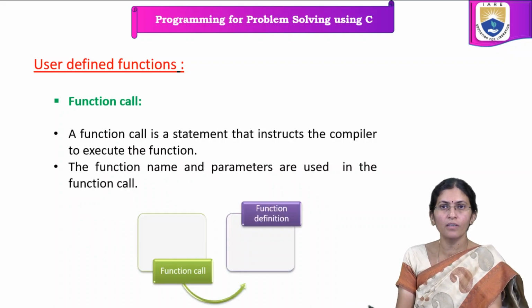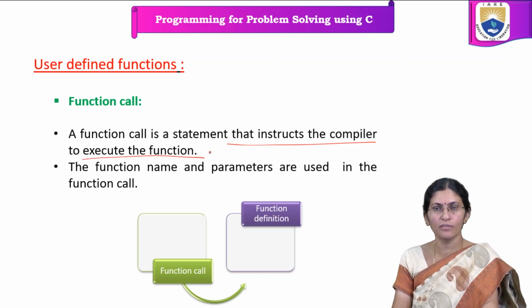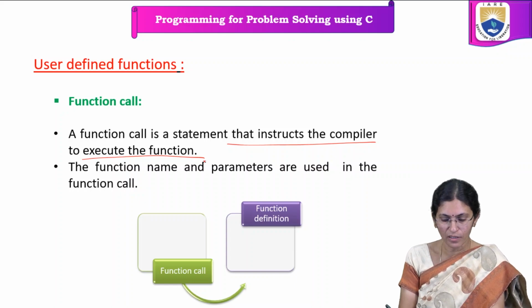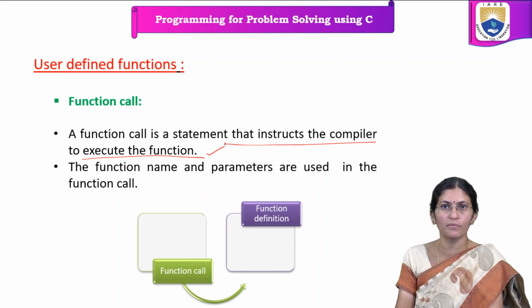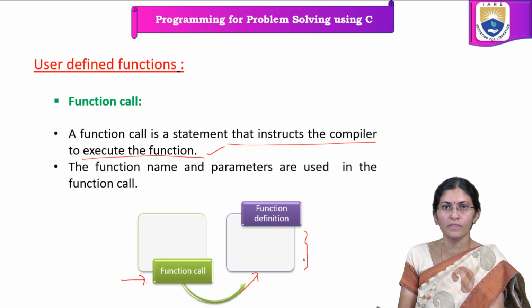A function call is a statement that instructs the compiler to execute the function. Whenever a function call is encountered in the program, control is transferred to the function definition, where the actual code is written.